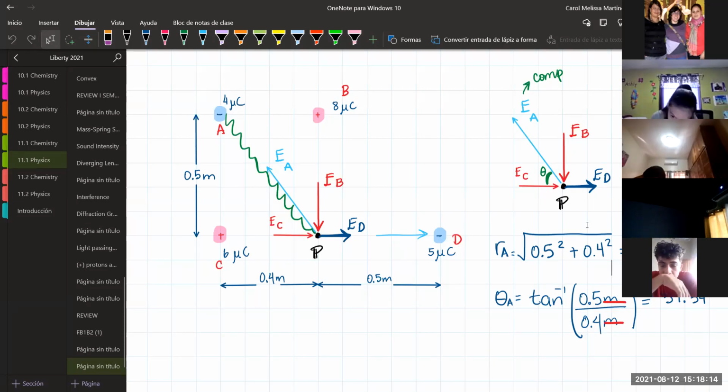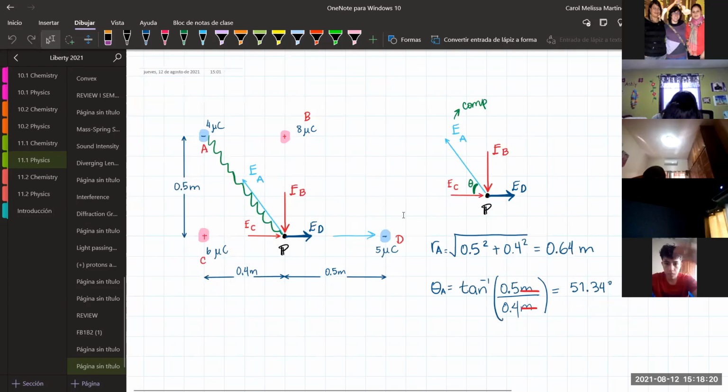Okay. Now, the rest of the information is given in the problem. I mean the distance for the electric field B. The distance B is going to be, okay, this is my electric field B, so this one is coming from here, and the distance B is equal to 0.5 meters.